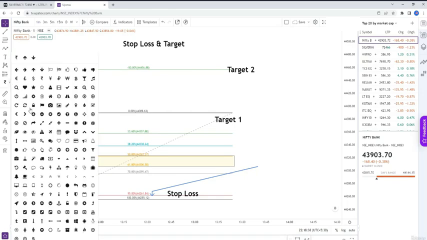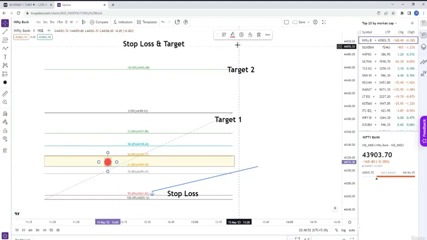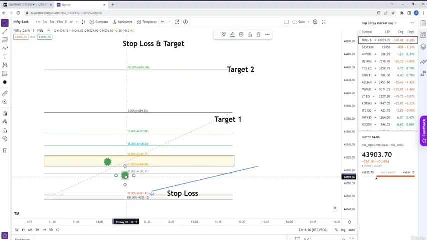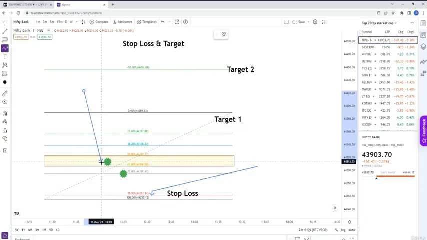Let me see if I can write it in some pictorial form. Let's see, like this. One lot you bought here in the zone, and let's say another lot you bought here. So what you would be doing when the market is going up, like this, when the market came here, took a pullback, came up to here even.